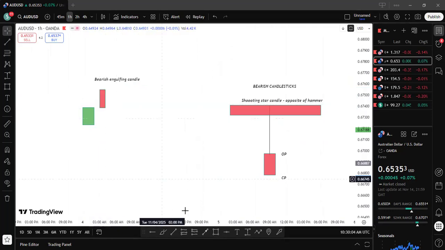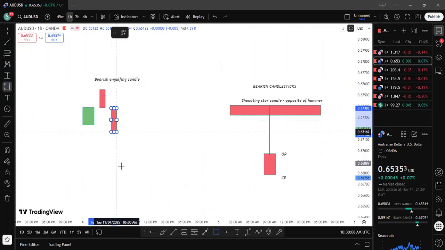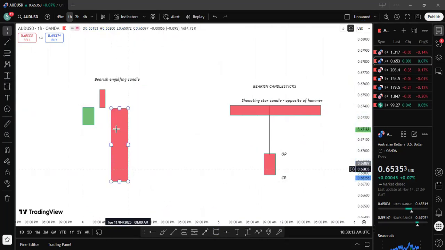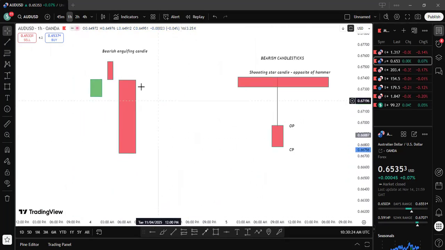Then we see a new candle coming at the close of this point, and it comes down as a big candle like that. You see, it comes to overshadow all these candles. So you can see this is the bearish engulfing. It engulfs, covers, overshadows all these previous candles. So we can now see that selling pressure has begun to set in. Selling pressure is high.